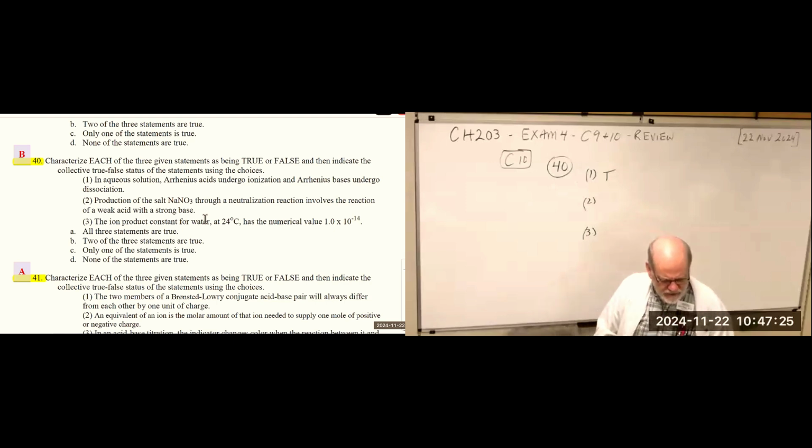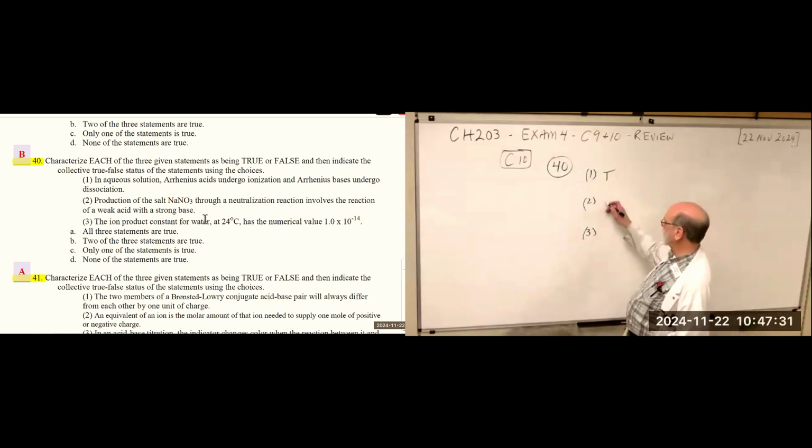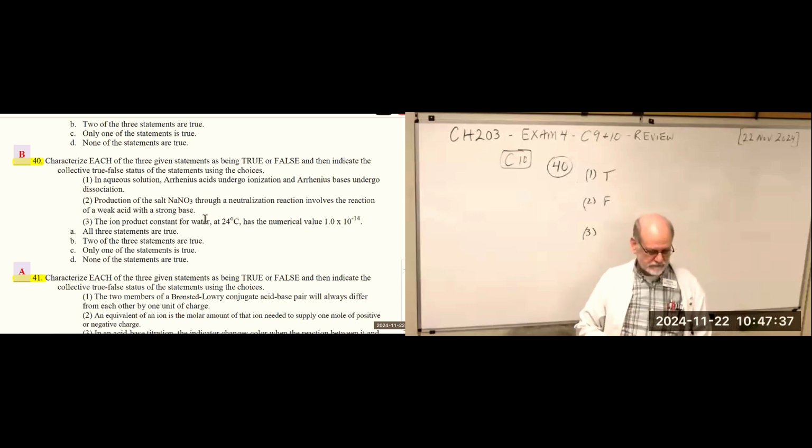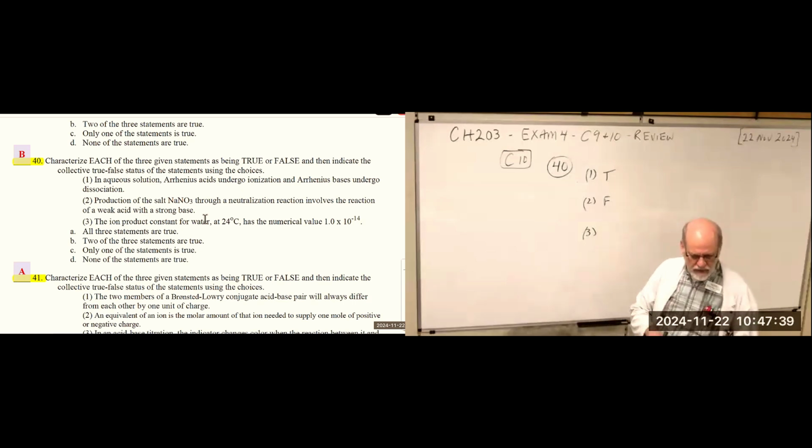2, production of the salt NaNO3 through a neutralization reaction involves the reaction of a weak acid with a strong base. That's false. Sodium hydroxide reacts with nitric acid. They're both strong. So 2 is false. And 3, the ion product constant for water at 24 has a numerical value of 1 times 10 to the minus 14.